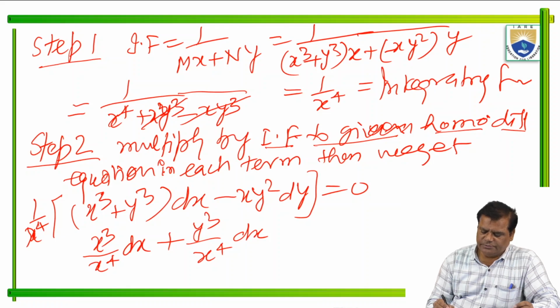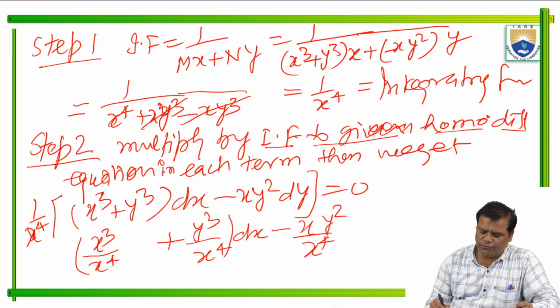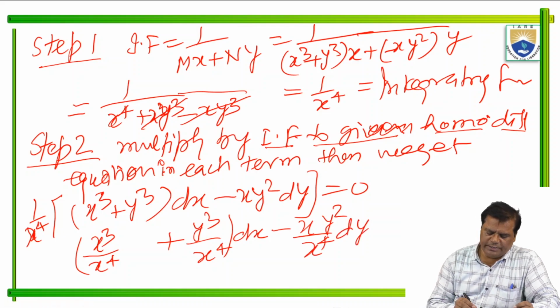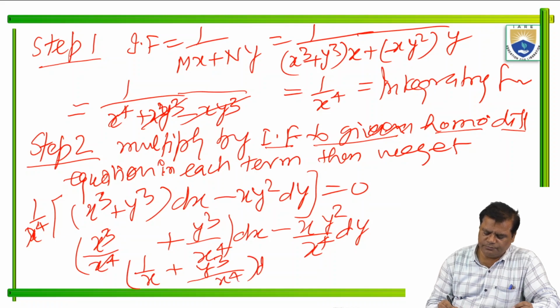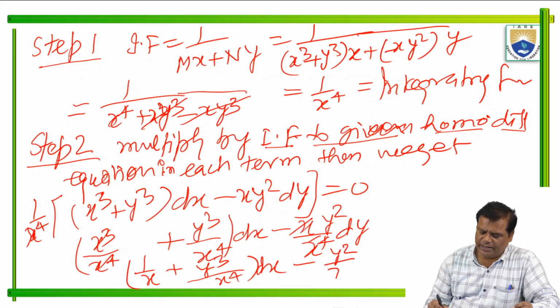So minus xy square upon x to the power 4 into dy. So here x cube cancels, 1 upon x dx, and 1 upon x plus y cube upon x to the power 4 into dx, and minus, x is cancelled, y square upon x cube into dy equals 0.